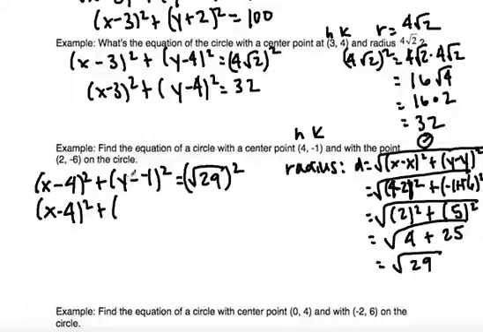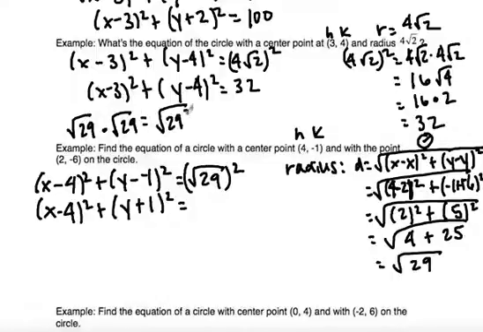The second part, y minus negative 1, turns into y plus positive 1, squared. Square root of 29 squared is square root of 29 times square root of 29, so my square root and my square root cancel each other out. So really this is just 29.